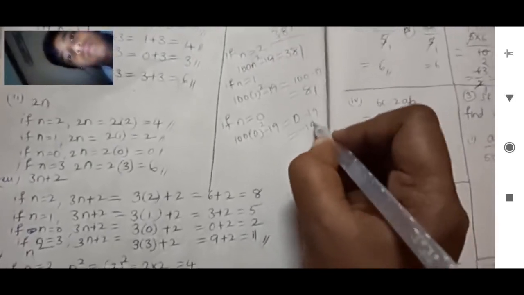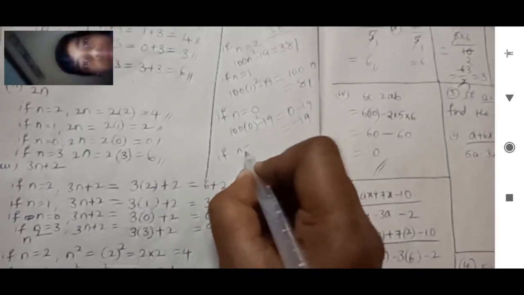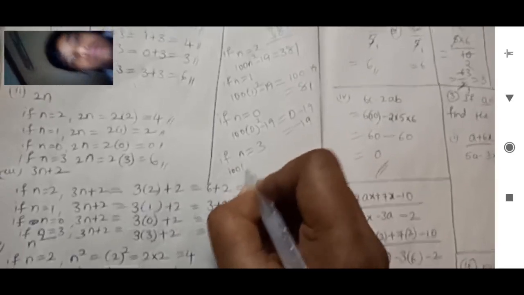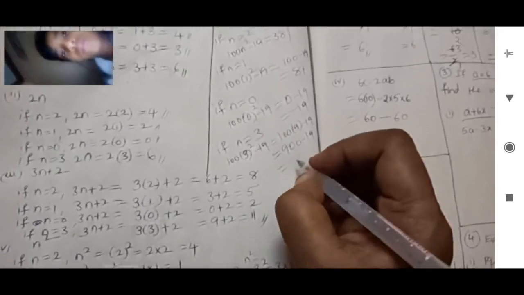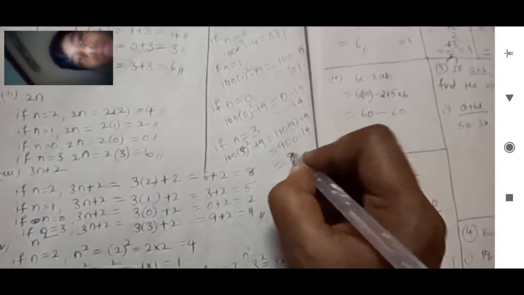And if n is equals to 3, 100 into 3 square minus 19. 3 square means 9, minus 19. 900 minus 19, how much will come? 881 is the answer. So in that manner we have to do.